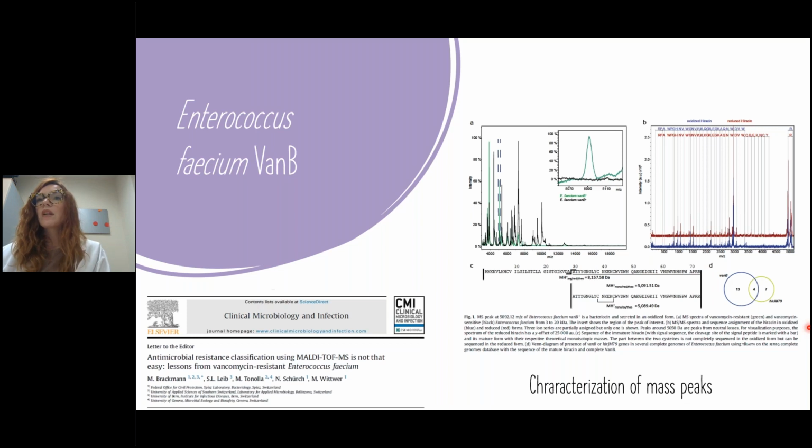So he already advised that a pure correlation between the presence of a mass peak and the resistance cannot be made. So we have to really analyze what this mass peak is, this biomarker that we are using to differentiate bacteria.